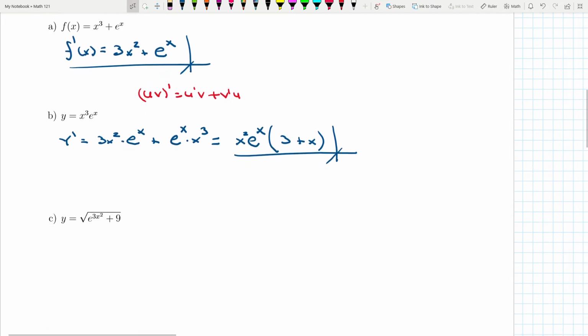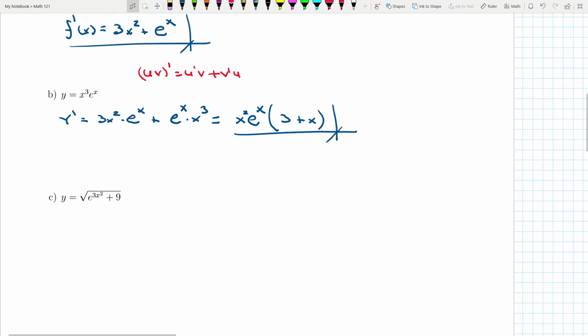For letter C, let's use the chain rule because we have a composite function of a radical, an exponential, and then a polynomial in the exponent of the exponential function. Let's rewrite this as e to the 3x squared plus 9, as a whole thing, to the 1/2 power.